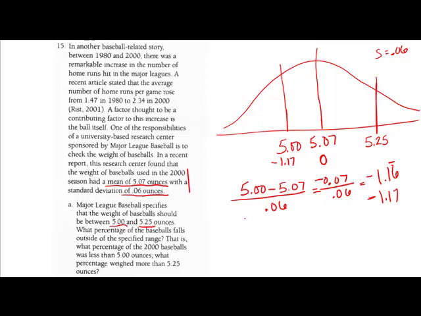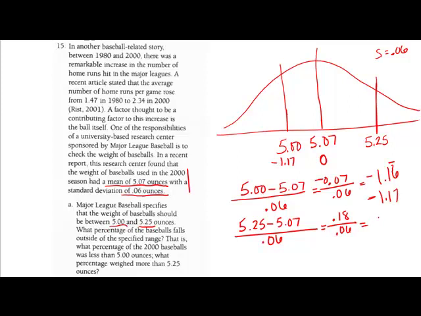Okay, 5.25 minus 5.07 divided by 0.06. 0.25 minus 0.07, yep, that's 0.18 divided by 0.06.